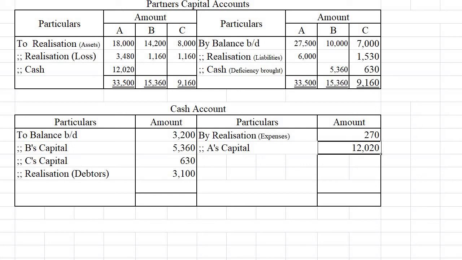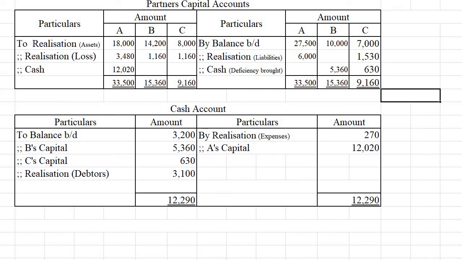Okay. Then let us see the total. Cash account total 12,290. So this is the way of preparing realization account, capital account and cash account.